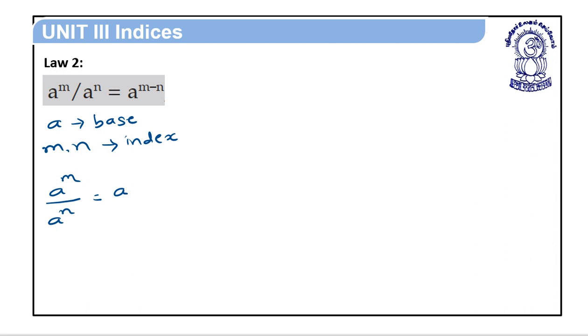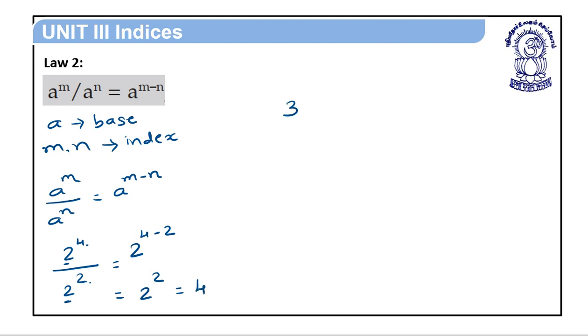Division, so a raised to m minus n. Consider 2 raised to 4 divided by 2 square. Here base same, 4 index, 2 index. So base 2, 4 minus 2 is equal to 2 square, so the answer is 4.